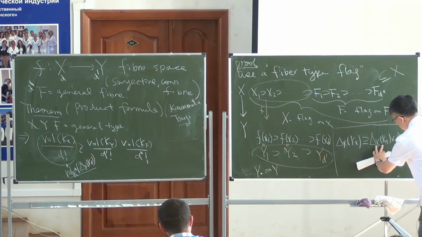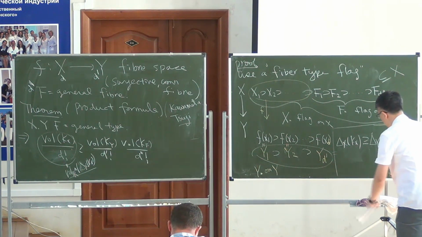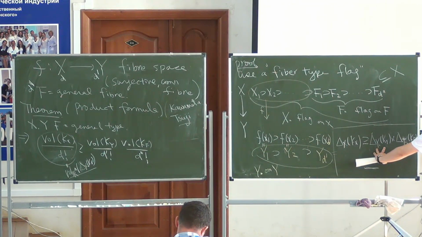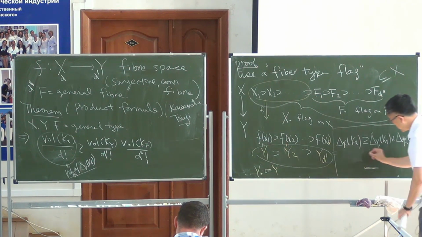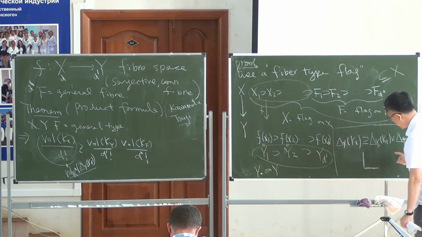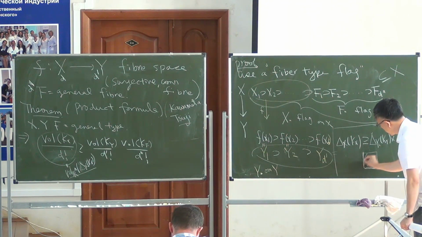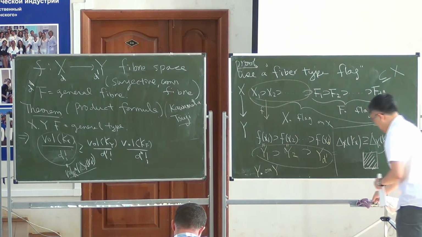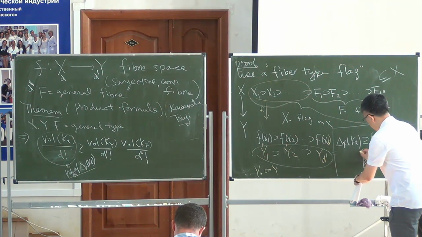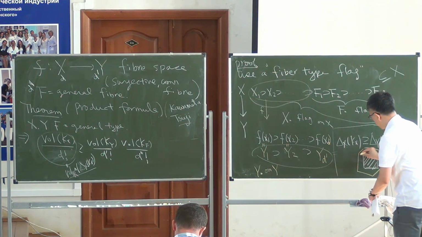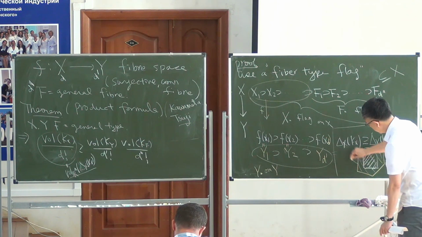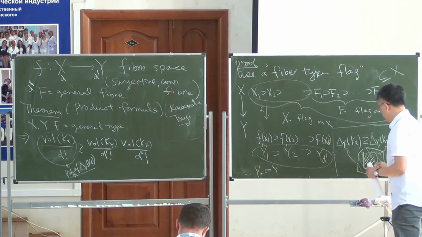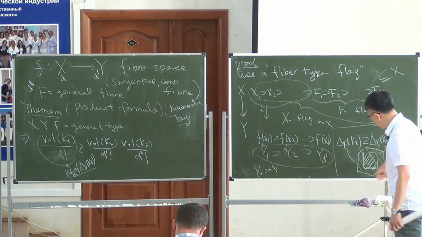Let's assume this is one-dimensional and this is one-dimensional, then this is two-dimensional. You get a one-dimensional Okounkov body and another one-dimensional Okounkov body. You take the cross product and you get this square. But on this side, this Okounkov body is bigger.